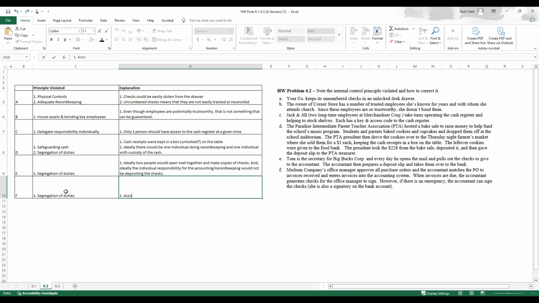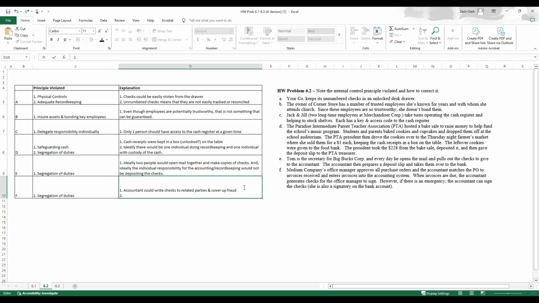So some of the things that could happen, the accountant could write checks to related parties, for instance, and cover up fraud. I mean, that is one thing that could happen, because if they're the only ones involved in the process, this is better because you have two people involved in the process. But if in a pinch the accountant can sign the checks, that could lead to some issues.